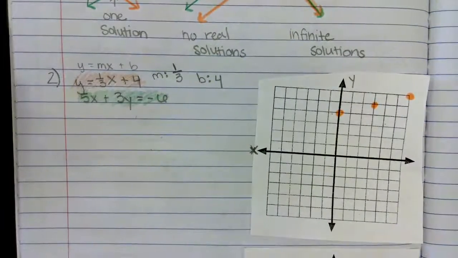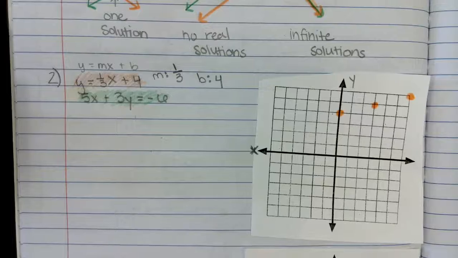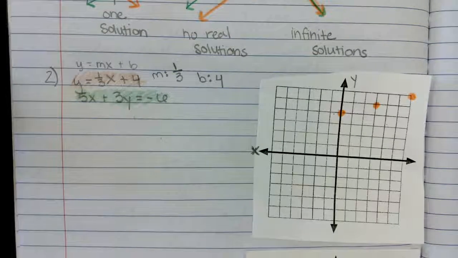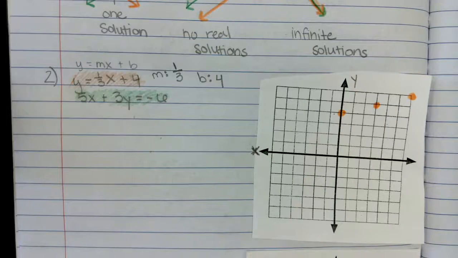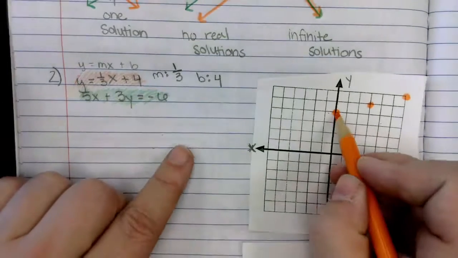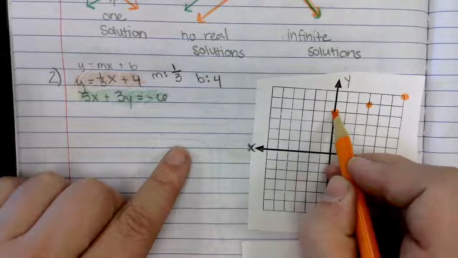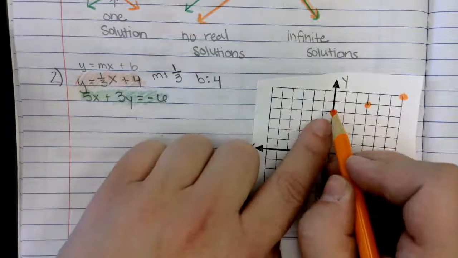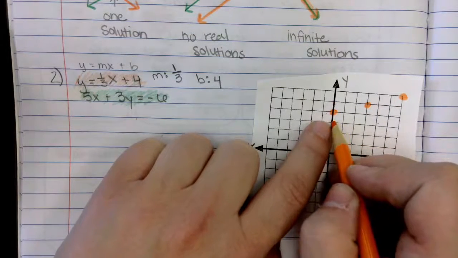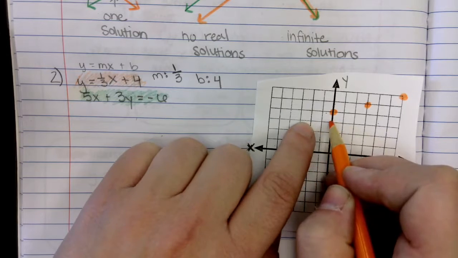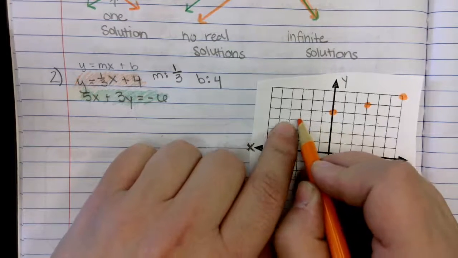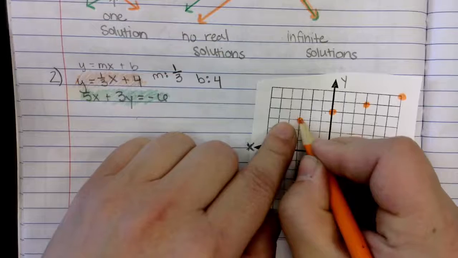If you're not very good at drawing straight lines, or you don't have a straight edge to use, you're going to want to go in the other direction as well. So from that 4, instead of going up 1, we're going to go down 1, and then we'll go left 3. Down 1, left 3.